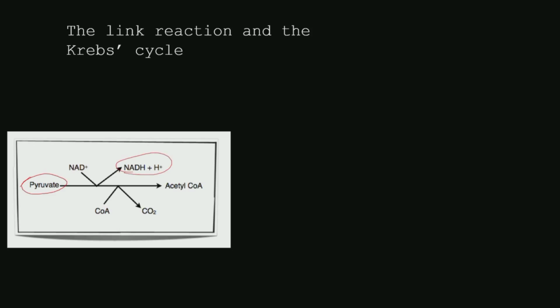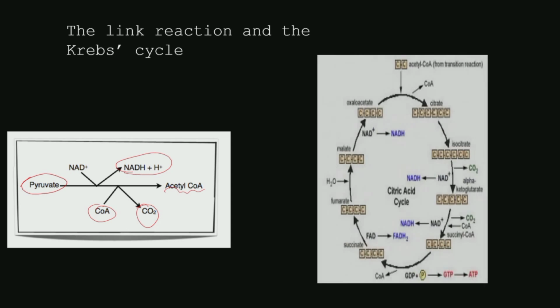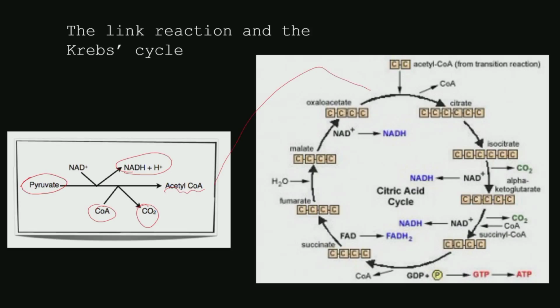I always get confused with those. Anyways, you have those reduced to form NADH plus H, and then this enzyme called acetyl-CoA, coenzyme A, comes in and bonds to this pyruvate and releases CO2. So that forms acetyl-CoA, which will then go into the actual Krebs cycle, which is very, very complicated.